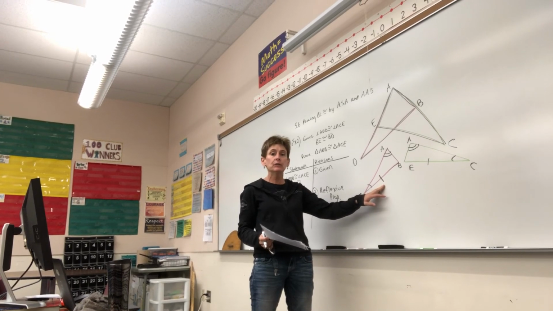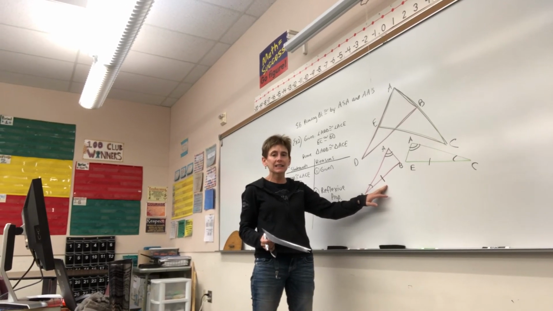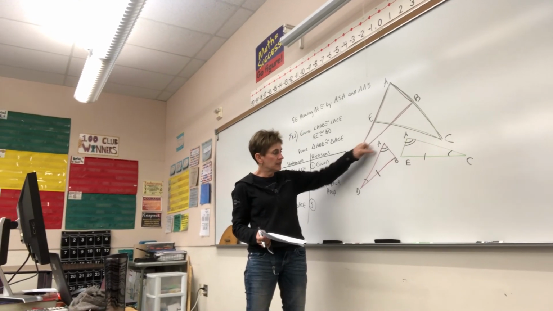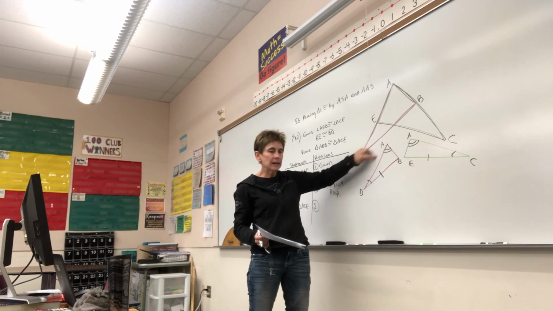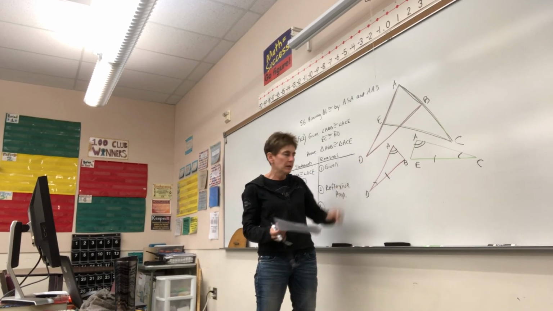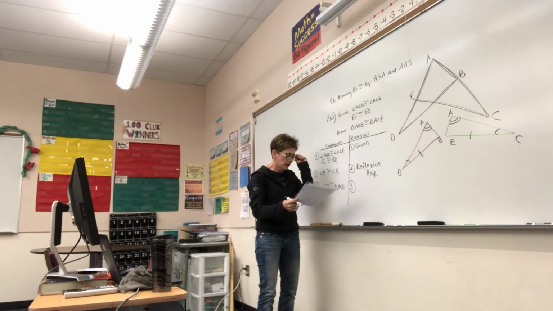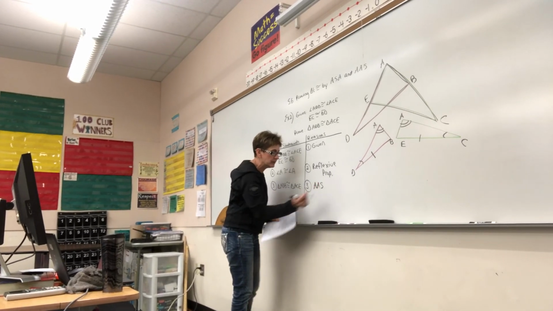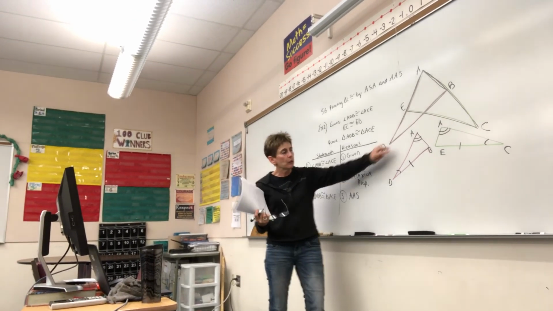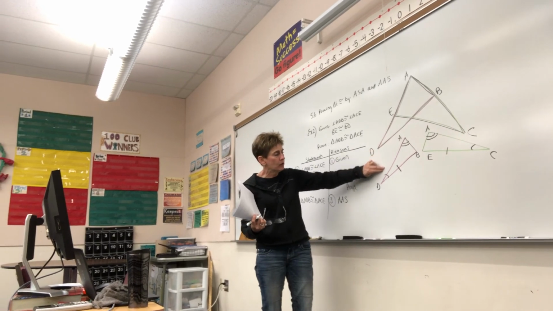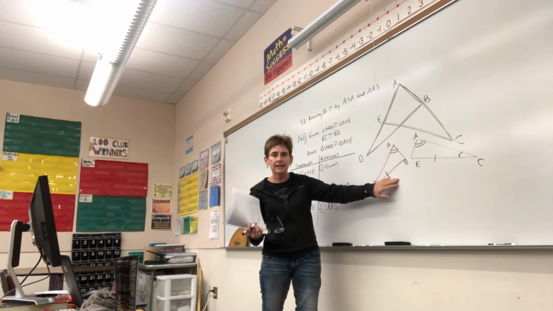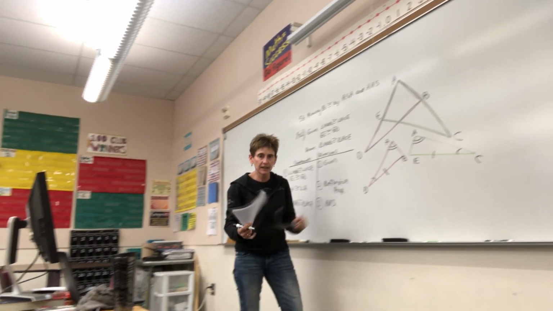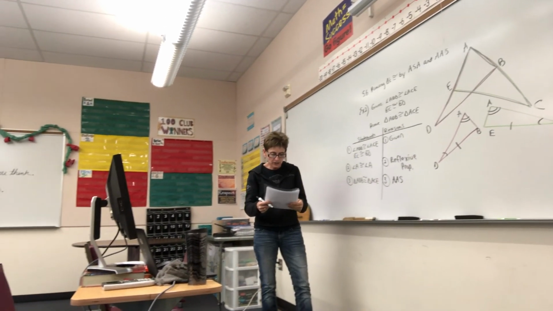So is it the included side, or is it not between the two angles, the non-included side? You can see the two angles here. The side between them is not marked up. So therefore we know it's the non-included side, and the shortcut that we must be talking about is angle, angle, side. So if we trace our way around the triangle, we can go from angle to side on both of these. Angle, angle, side. Okay, we're done with the two proofs.